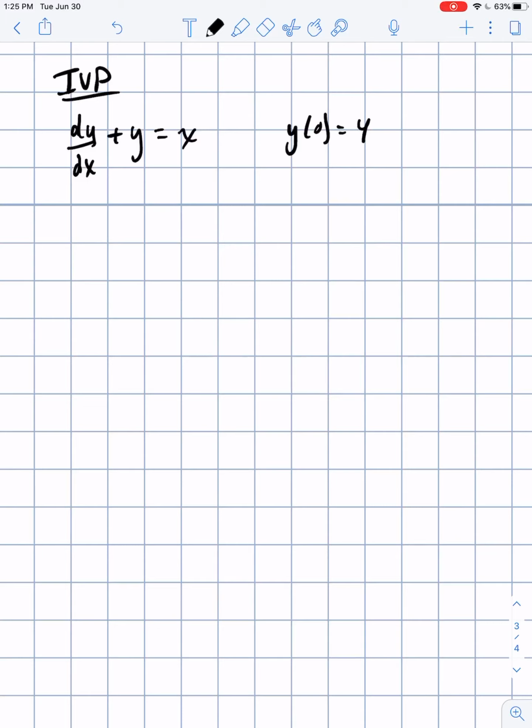Okay, so we're already in standard form, right? Standard form, check. All right, P of x is a nice and easy one, it is 1. So the mu is going to be e to the integral of 1 dx, right? And so I'll just get e to the x.